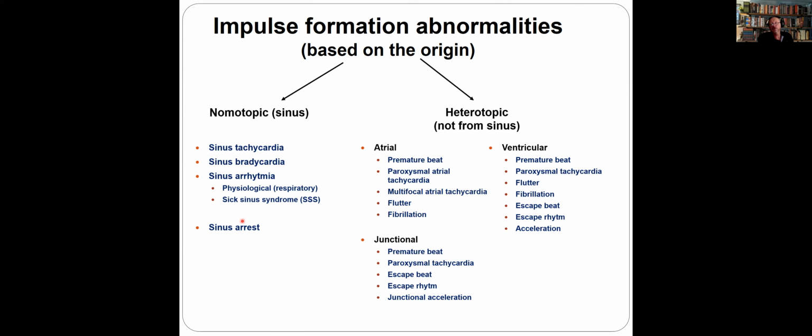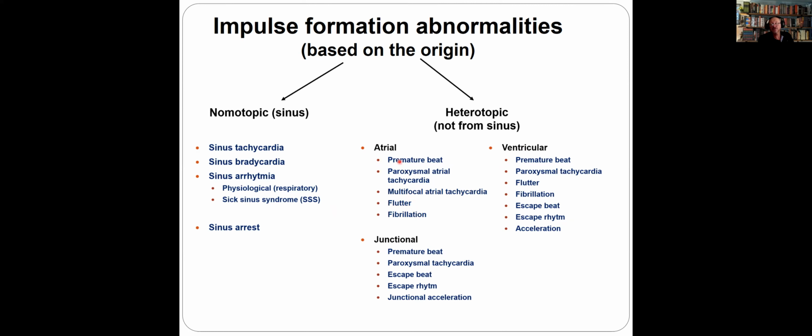As you see here, in the nomotopic one there can be tachycardia, bradycardia, as I mentioned the sinus premature beat, or arrhythmia such as respiratory arrhythmia or sick sinus syndrome. And this is what can happen. If you look at the muscle type areas, such as the atrium or the ventricle, in addition to this one, we can have flutter and fibrillation.